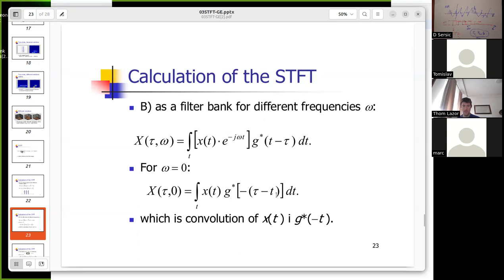So actually, this is a convolution of my voice with a mirrored time window, and conjugated, but forget it if the window was real. So I actually calculate the convolution of x and the time reversed localization window. Convolution actually corresponds to the response of linear systems.